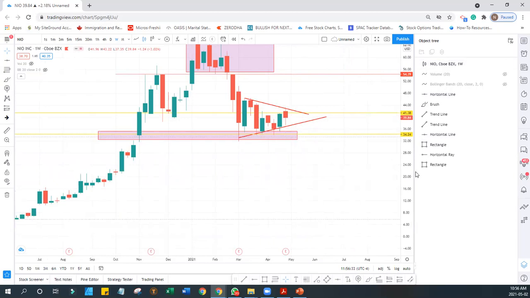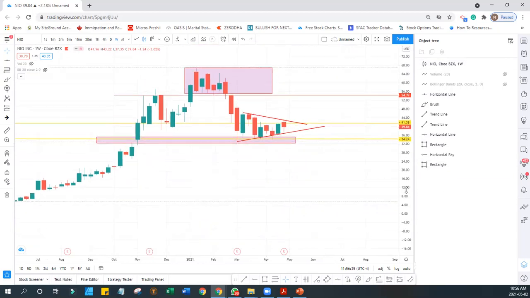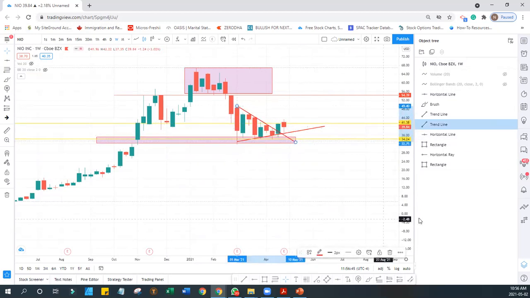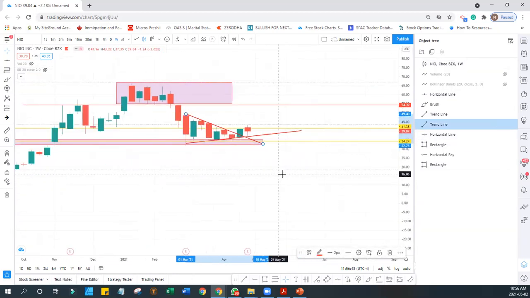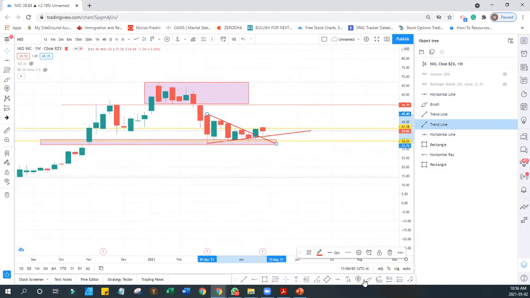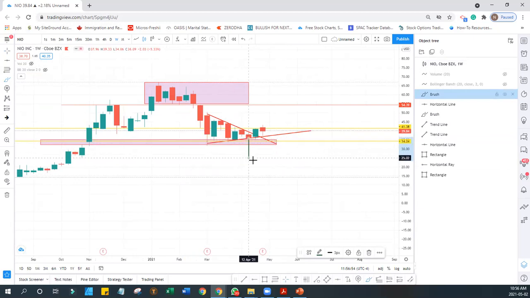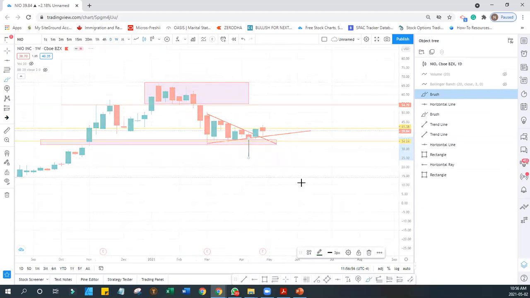Now the trend line, I would have drawn it here. If the NEO had to fall, it had to fall this week.